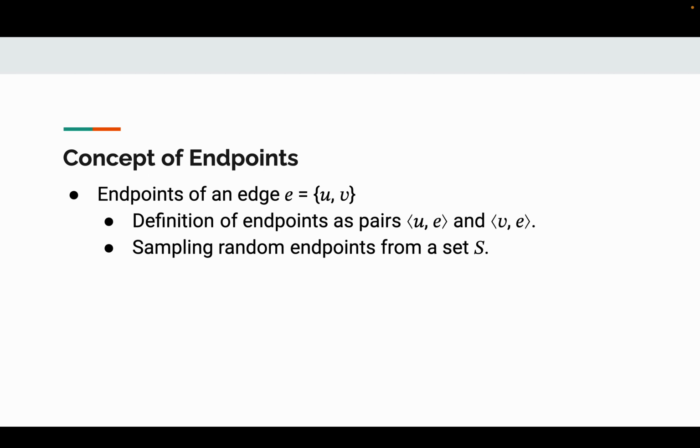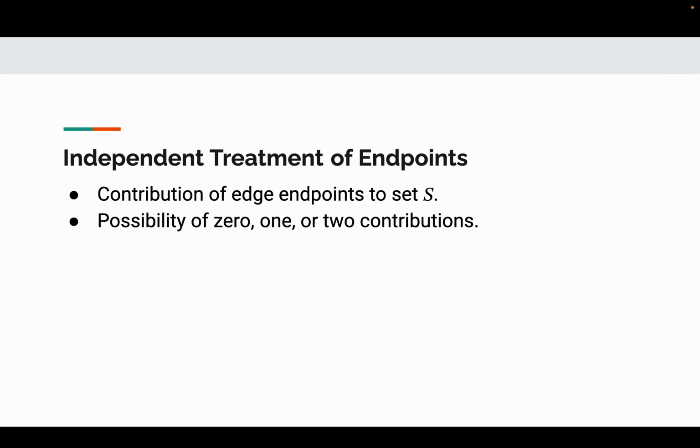So this sampling is done for a subset of endpoints incident to some subset V. In this manner we treat each endpoint independently within our algorithm. This means that an edge UV with both vertices in a subset could contribute 0, 1, or 2 endpoints to the set S. Okay? Because we treat it independently. This independent treatment allows for greater flexibility and also precision in the algorithm processes.